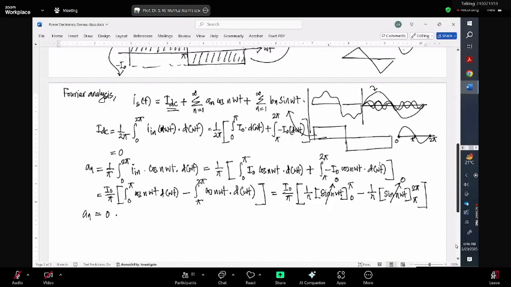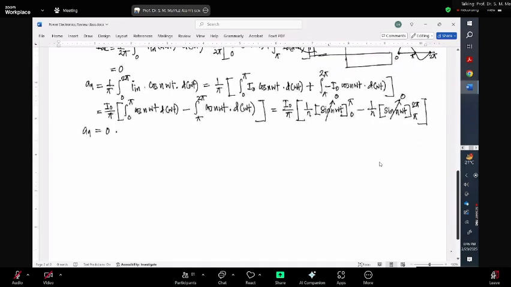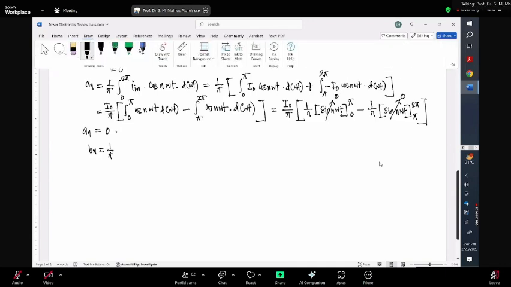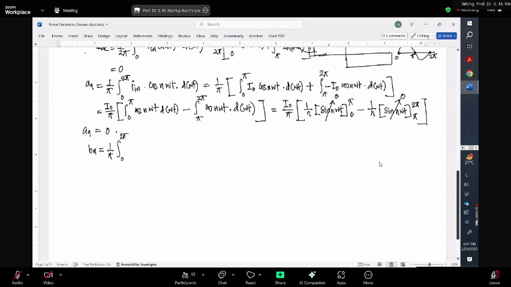No confusion. Okay. So now if I want to do the calculation for Bn, what would be my Bn? It should be 1 over pi. Then it should be again the integral from 0 to 2 pi of I in multiplied by sine n omega t d of omega t.